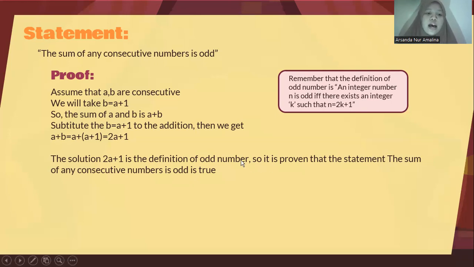If you look at 2A plus 1, it is in the form 2k plus 1; we just change the coefficient k to A. So 2A plus 1 fits the definition of an odd number. So it is proven that the statement, the sum of any consecutive numbers is odd, is true.